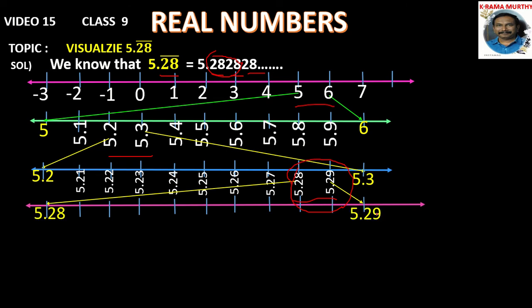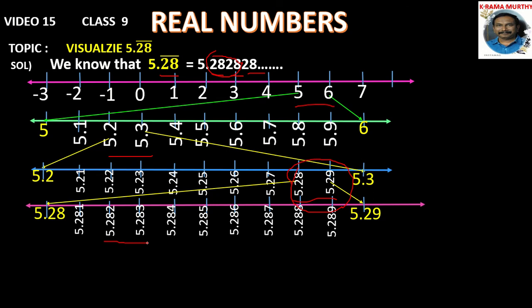The 10 parts are 5.281, 5.282, 5.283, 5.284, 5.285, 5.286, 5.287, 5.288, 5.289 and 5.29. Again when we observe the number, the hundredths and thousandths places are 8 and 2. Again we have 8 in the ten-thousandths place. So it is in between 5.282 and 5.283.